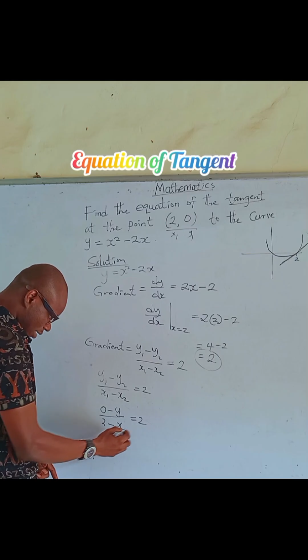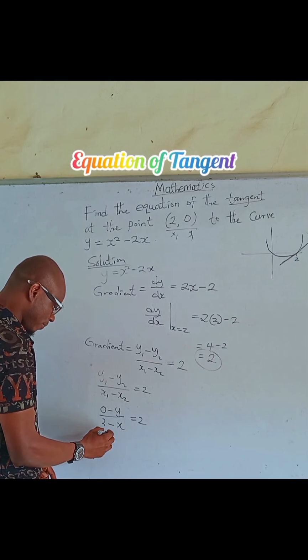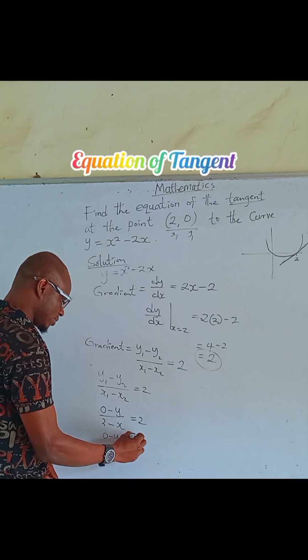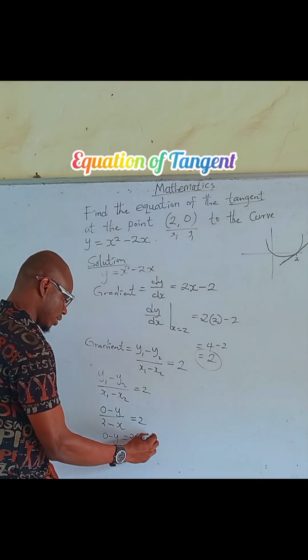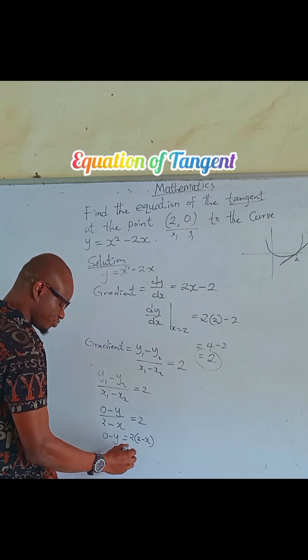So let's evaluate this expression. Cross multiplying, we have 0 minus y is equal to 2 times (2 minus x).